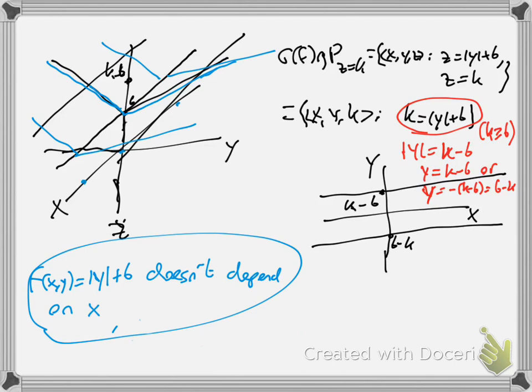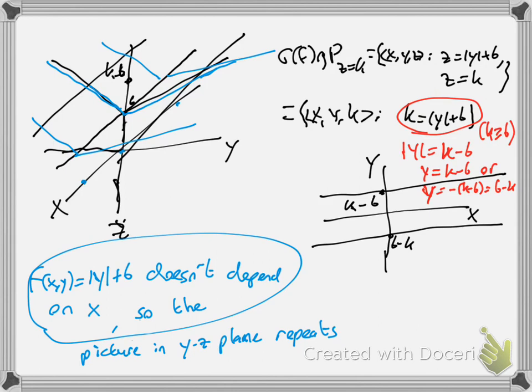This function does not depend on x, so the picture in the yz plane repeats. Or some similar argument, as long as you make it clear that you understand that it doesn't depend on x, so that the picture repeats. So that's one possible way of doing it.